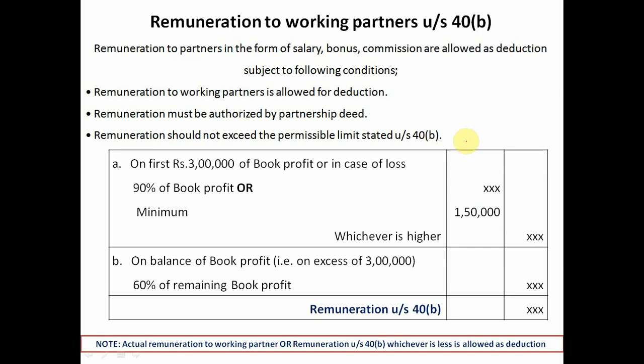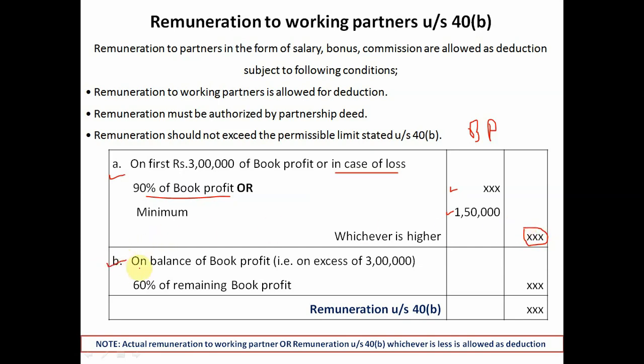Remuneration under section 40B depends on the book profit. There are 2 amounts to be calculated. First one, on the first rupees 3 lakh of the book profit, or in case of loss, 90% of the book profit or minimum 1,50,000, whichever is higher, is to be taken first.